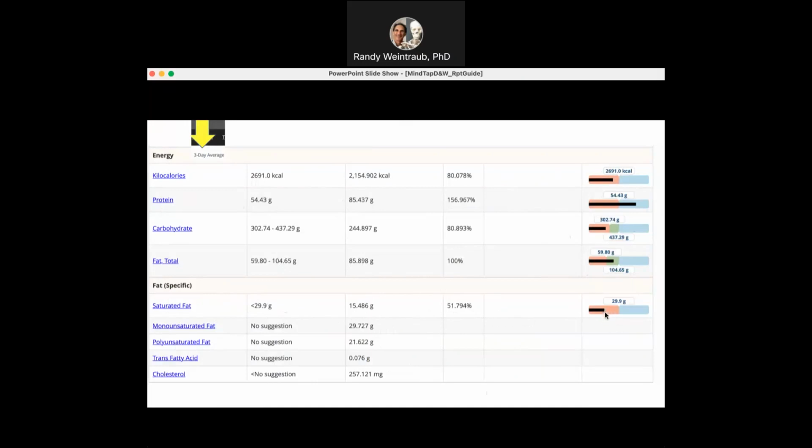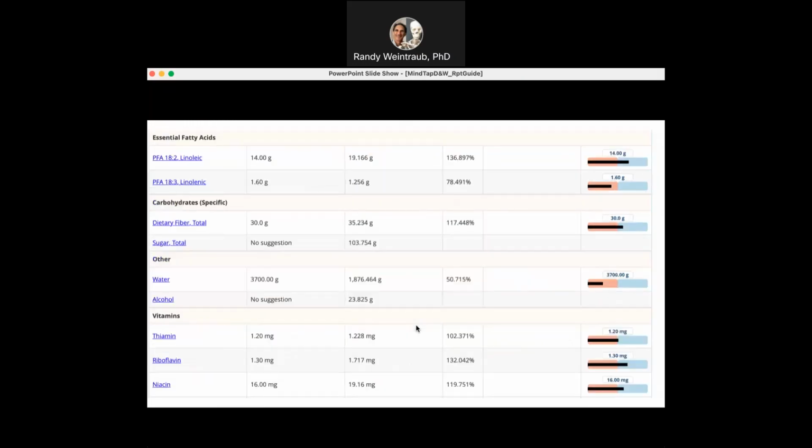I was below the 10% of the fat. And it goes into a lot of detail: essential fatty acids, it splits out carbohydrates into dietary fiber and sugar, water, vitamins, and has these nice graphics.